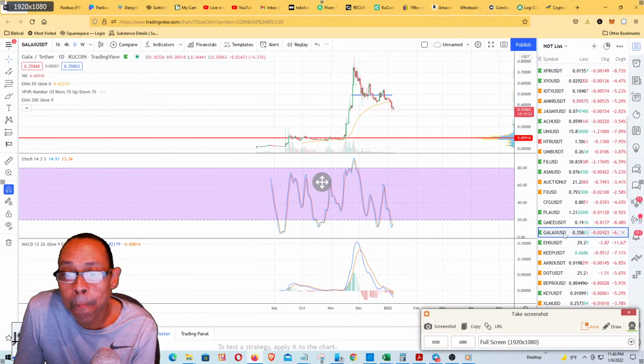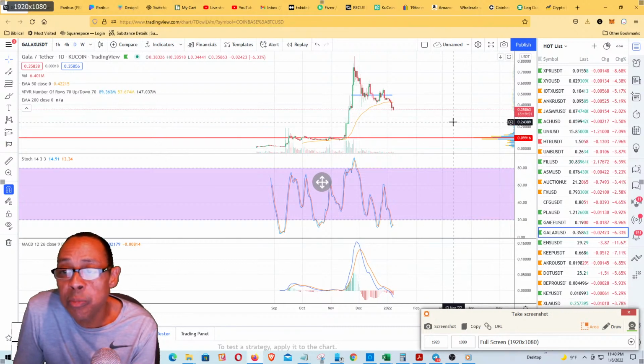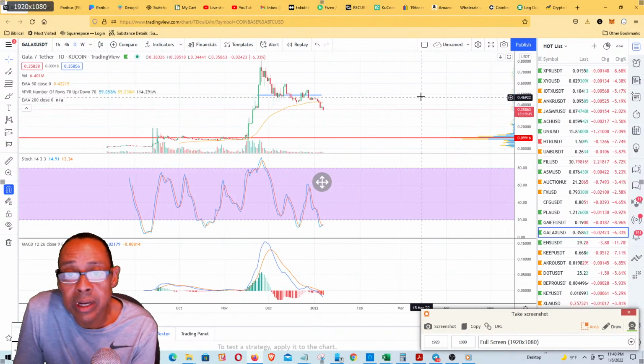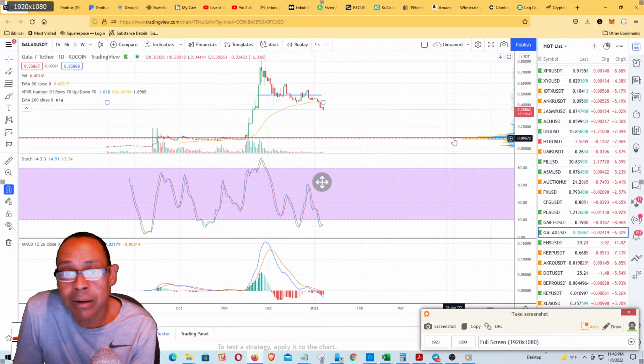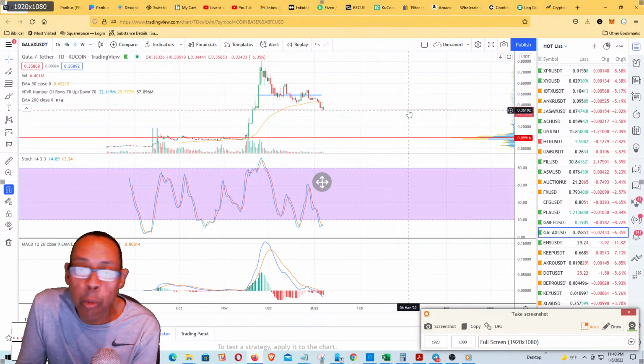Gala Games. Cross over here. That's bullish. But this is bearish. And there's not much on the VPVR. Not enough price history. So there's a chance we could get lucky and it could hit this 24 cents node. It ain't going to come back down to 9 cents. We're beyond those days. I'm going to pick up a little bit more.